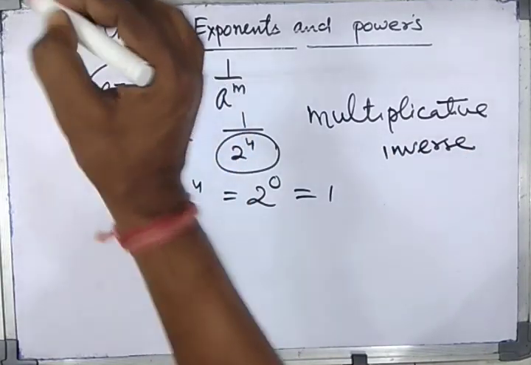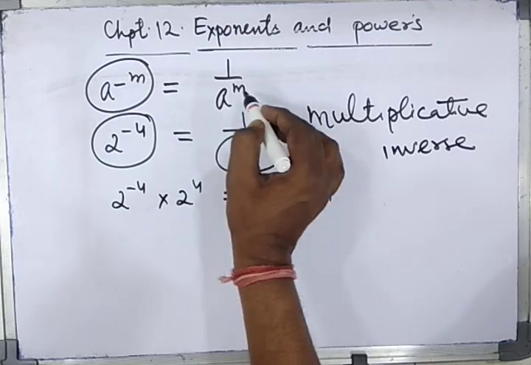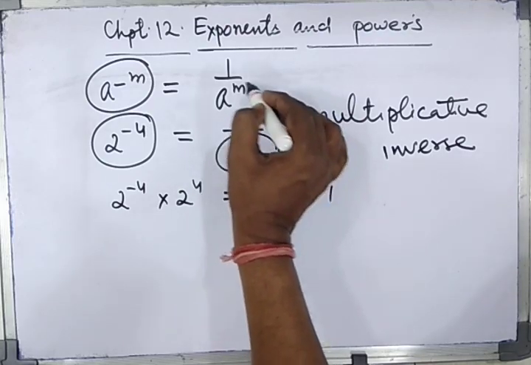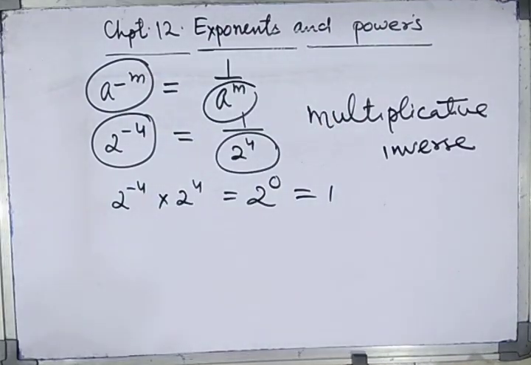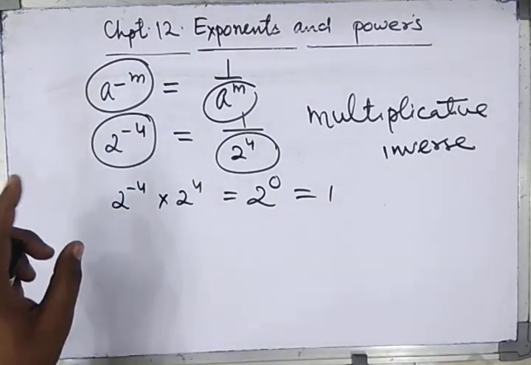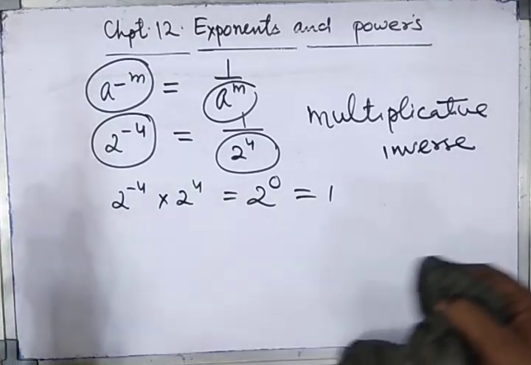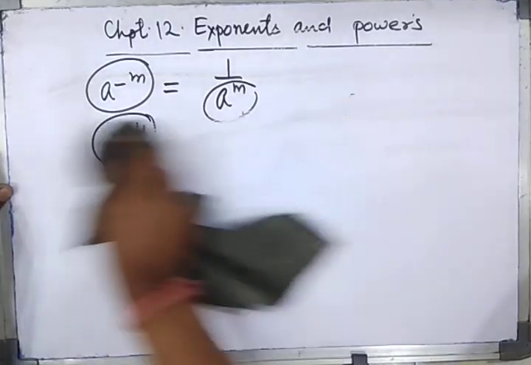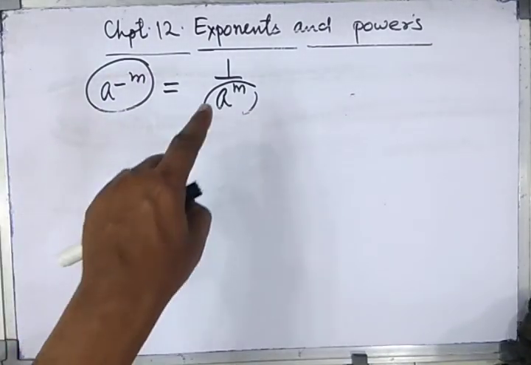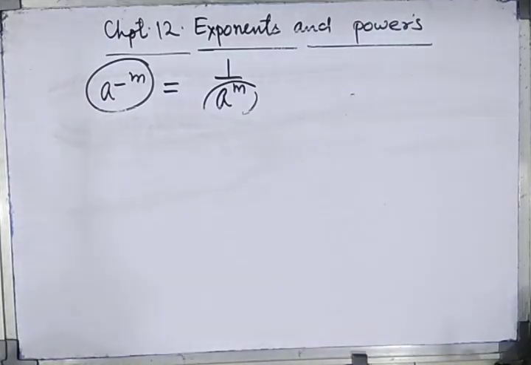So a raised to minus m and a raised to m are also multiplicative inverses. So student, if a negative exponent is given, then how to convert it to positive exponent? Use the formula a raised to minus m is equal to 1 by a raised to m.